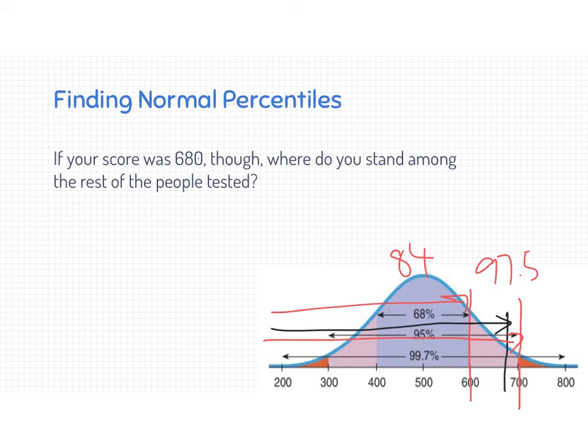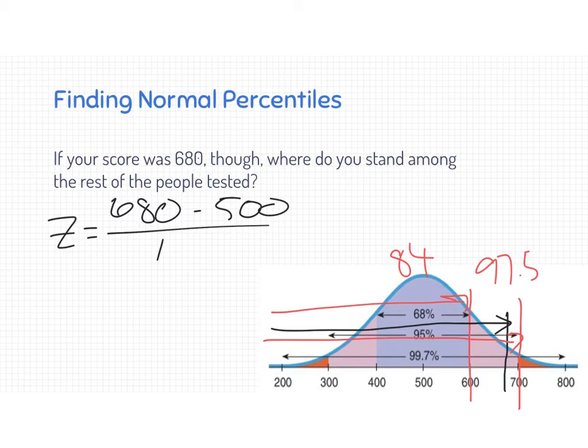So this is where we want to standardize the data, which is one of the things we talked about last week. We start by finding our z-score. So remember, z is equal to our observed value, so 680 minus our mean, which in this case is 500, divided by the standard deviation, which is 100.